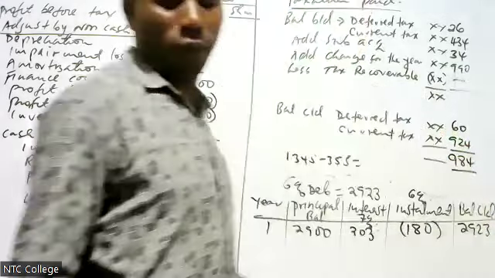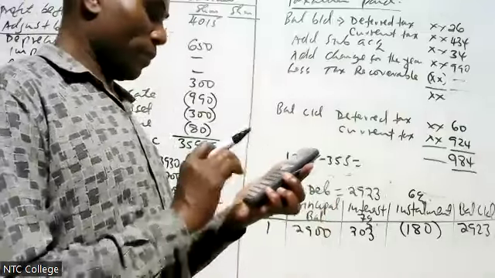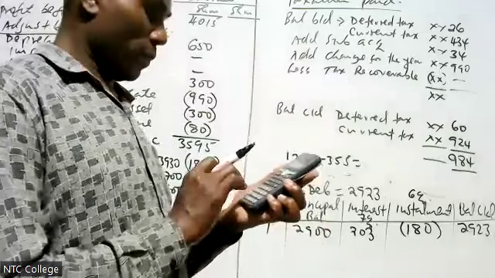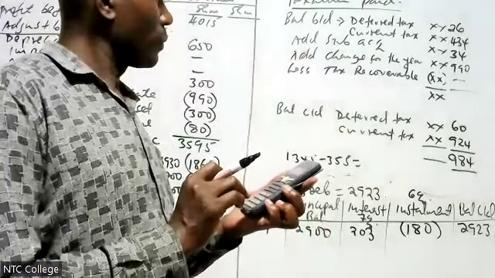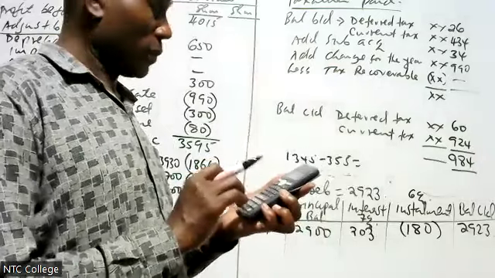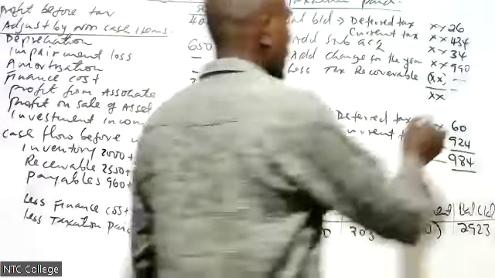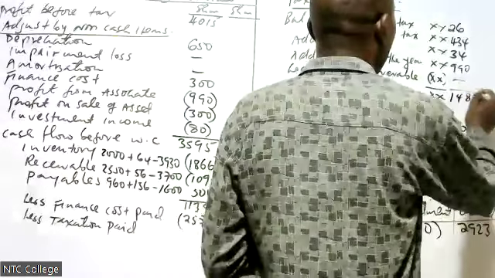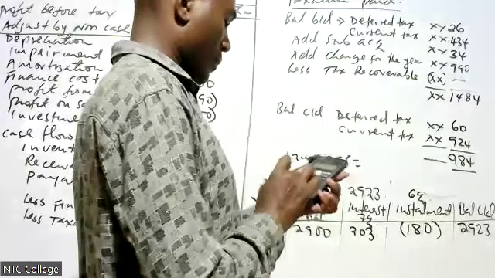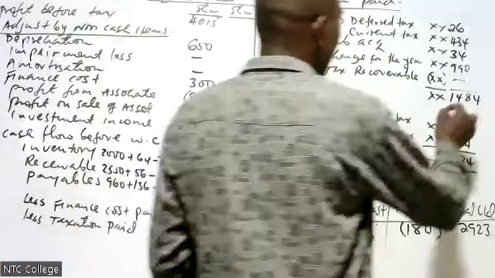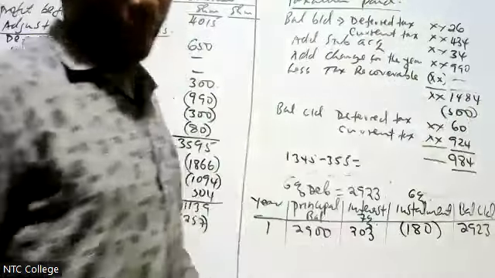What about the above total? $1,484. The difference is $500. It means we paid 500.